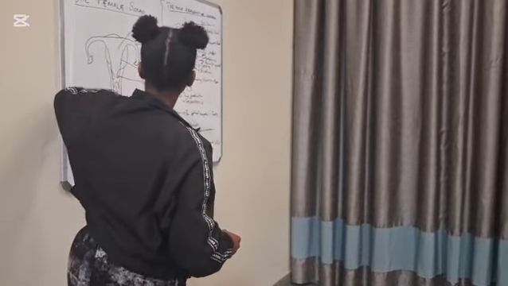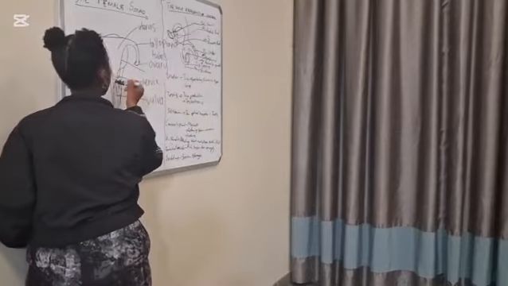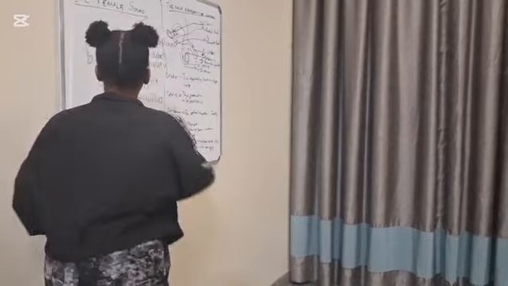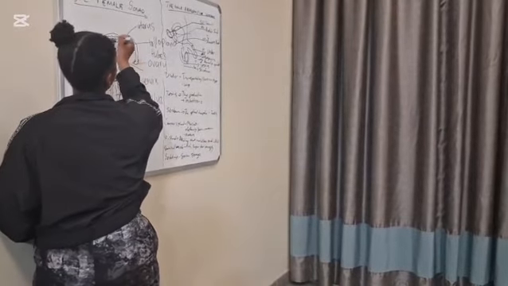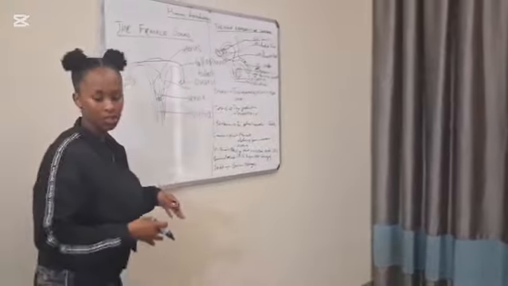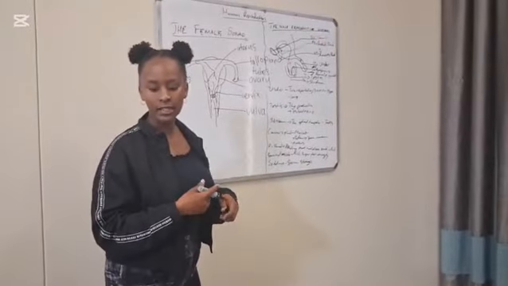So it will insert itself and then it will release its semen. And then fertilization takes place, right? So basically the vulva protects the internal genital organs from pathogens, injury, and dehydration.